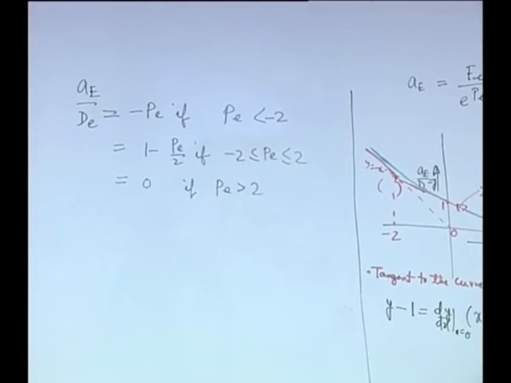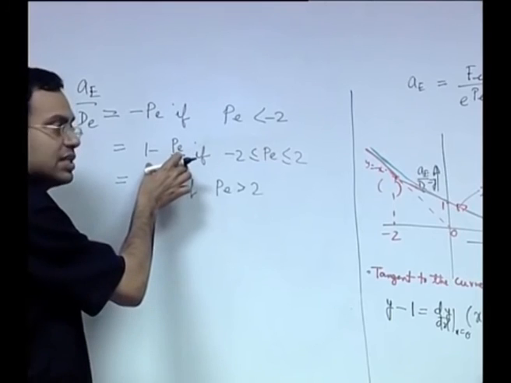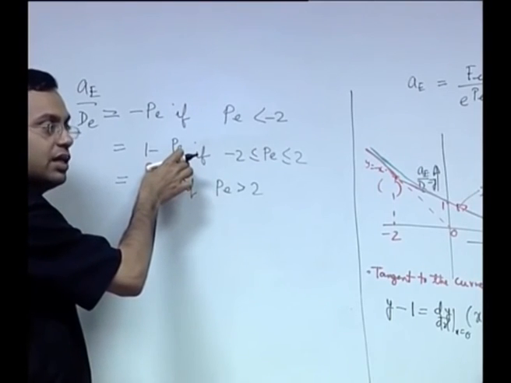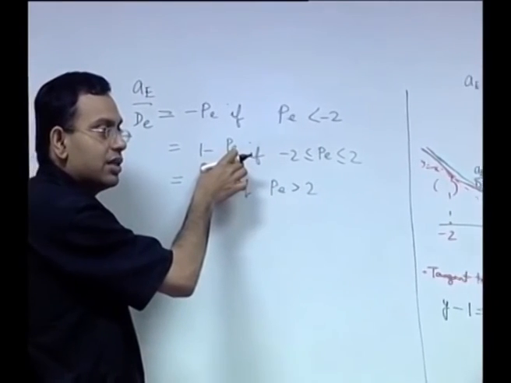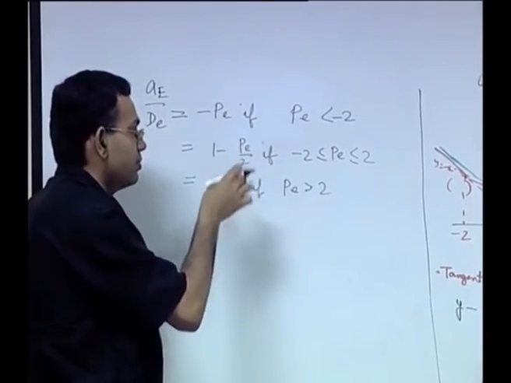So, it is like a combination of central difference scheme and upwinding scheme. See, 1 minus P by 2, this is like the central difference scheme. We have seen that that is nothing but the discretization of the central difference scheme.